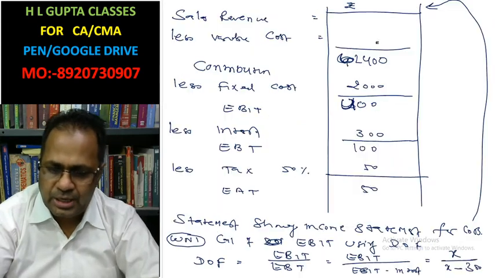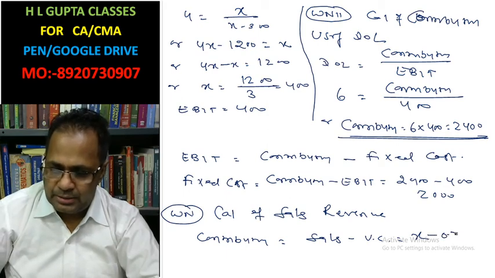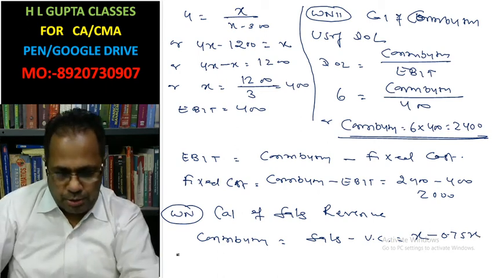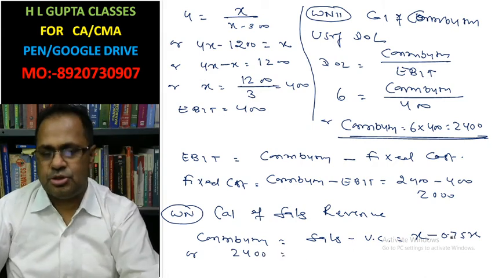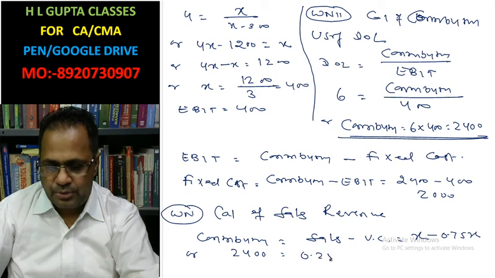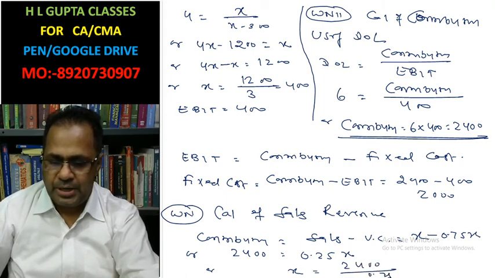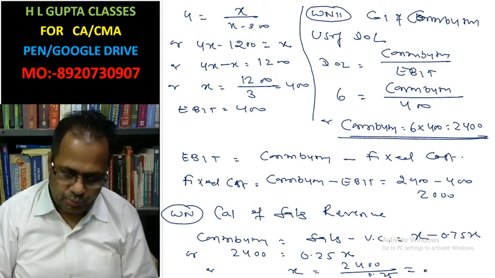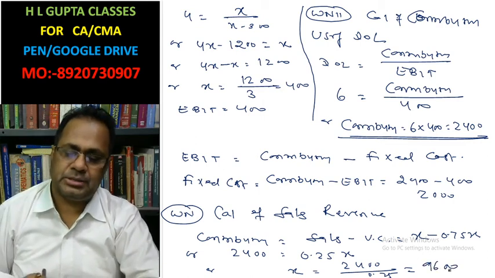So you can write 0.75X as variable cost, or 2400 equals X minus 0.75X, this is 0.25X, or X equals 2400 divided by 0.25, this is 9600.